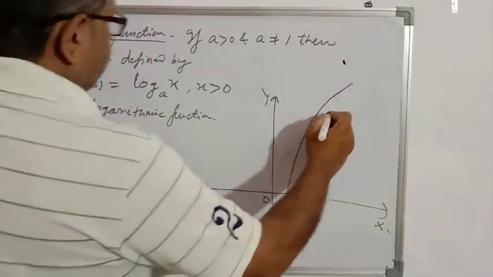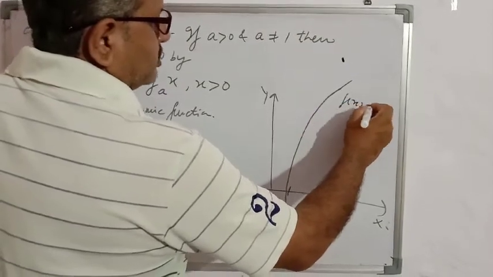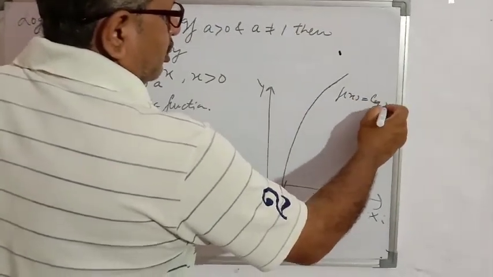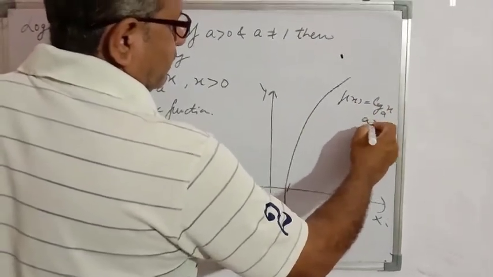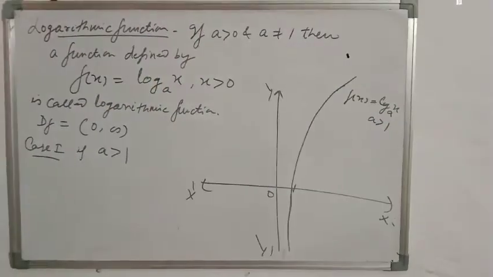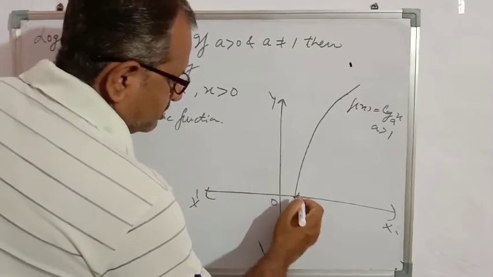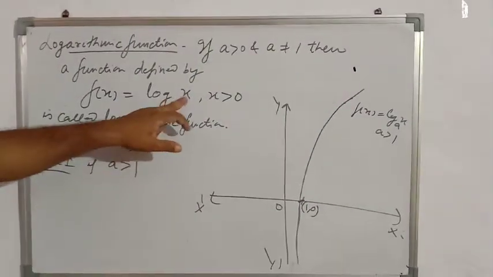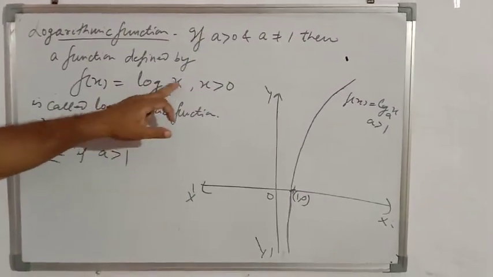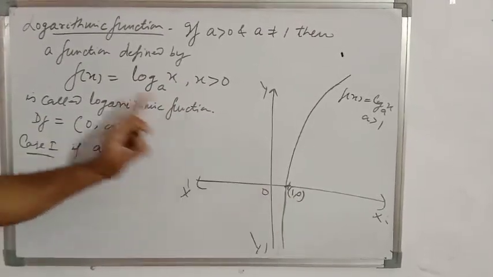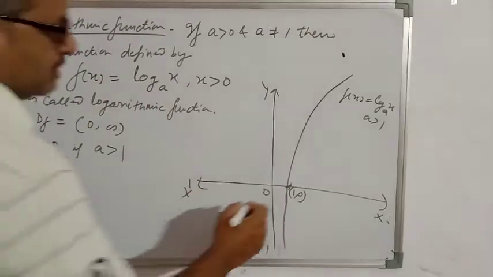This is the graph of f(x) = log x at the base a if a is greater than 1. This point is (1, 0). If we take x equal to 1, the value of log 1 is 0, so f(x) will be 0.